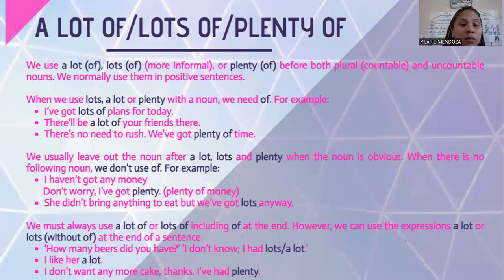We must always use a lot or lots, including of, at the end. However, we can use the expression a lot or lots without of at the end of a sentence.